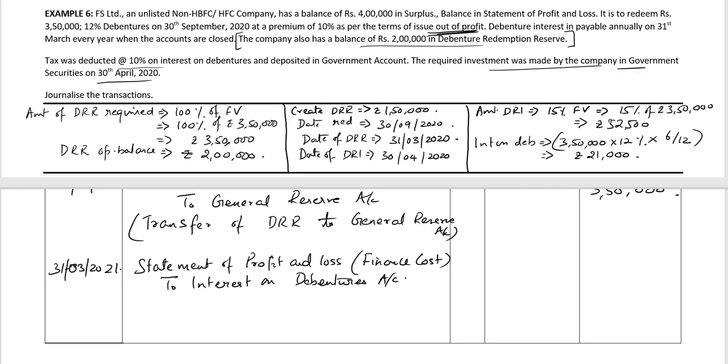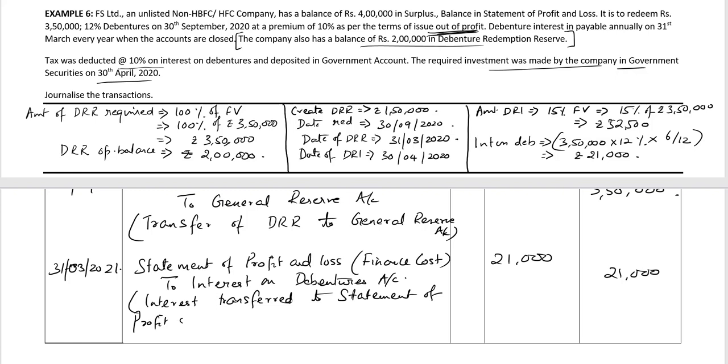The amount of debenture interest is 21,000 rupees, for interest transferred to statement of profit and loss at the end of the accounting period.